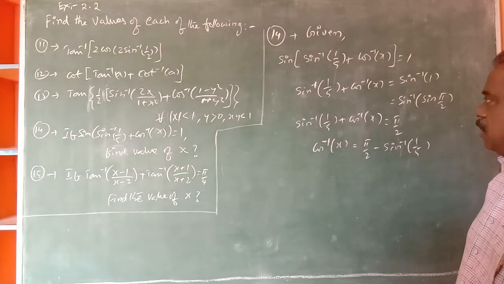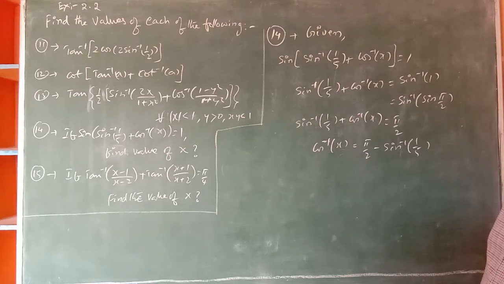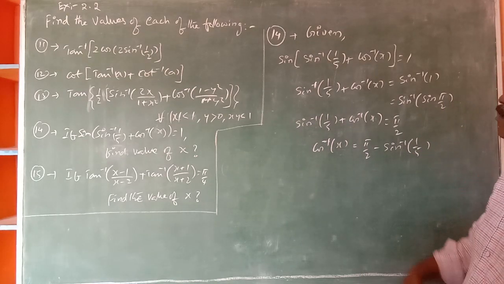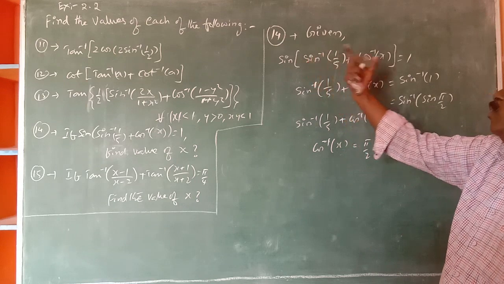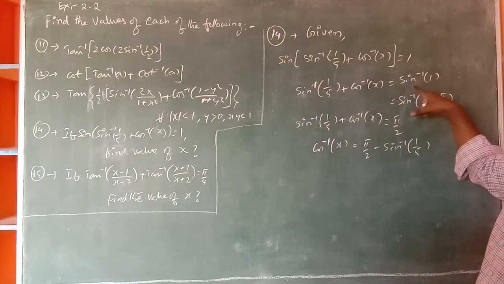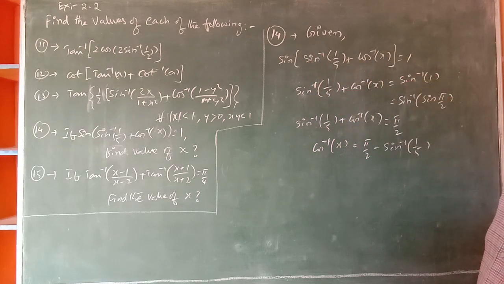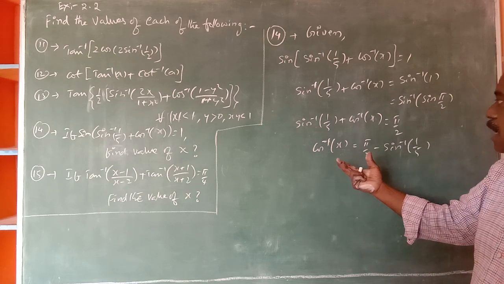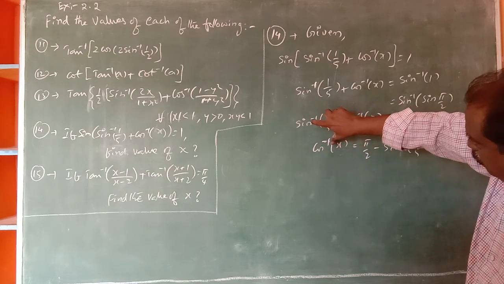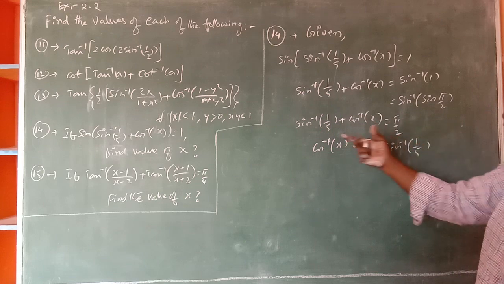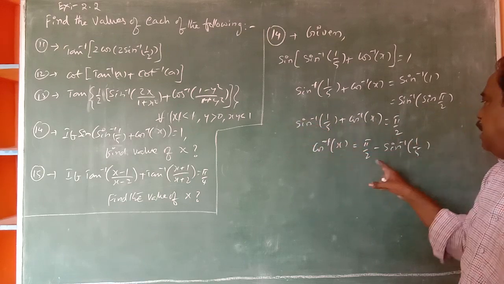Now you see, a small twist. Try to understand. The only sine that goes to that side is sine inverse of 1. But here we are sending sine inverse of 1 by 5 to this side. That means here it is a plus, here it is a minus.